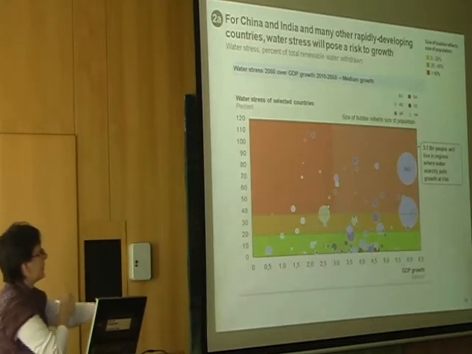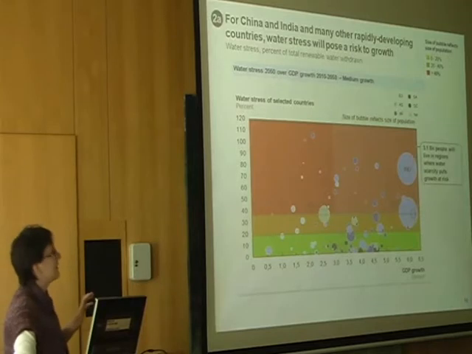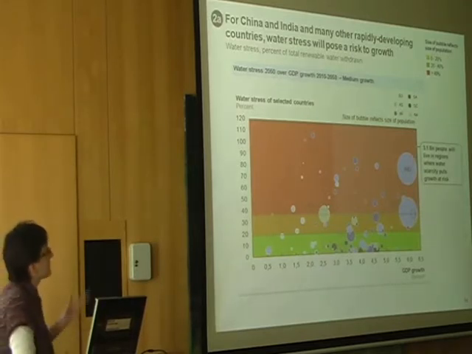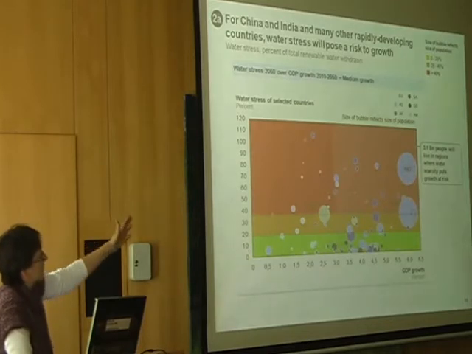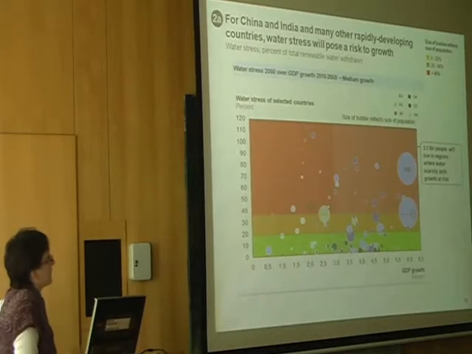India is already extremely water scarce, with 60% of the food production relying on groundwater, which is not all unsustainable, but quite a bit of it is unsustainable. So they really face quite serious water scarcity, and they're one of the largest food producers. So we really have to be trying to improve water use efficiency in that country.